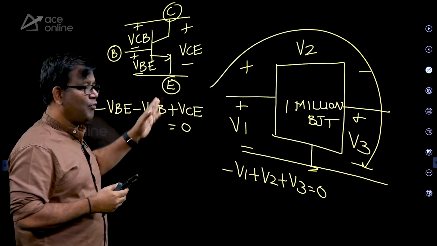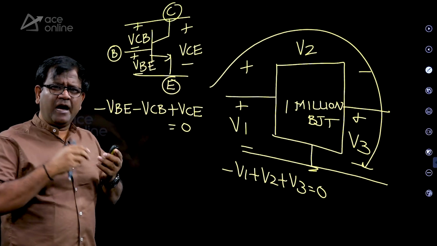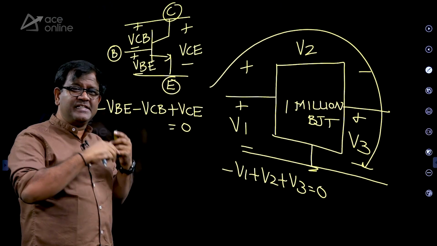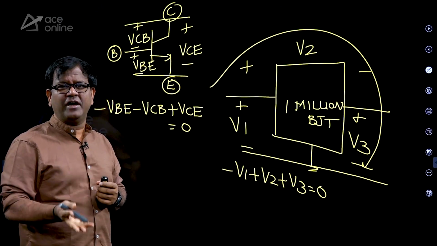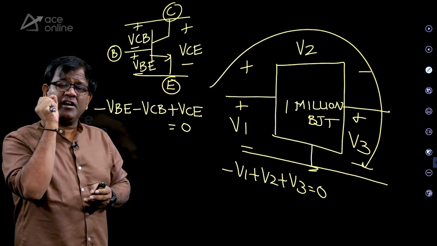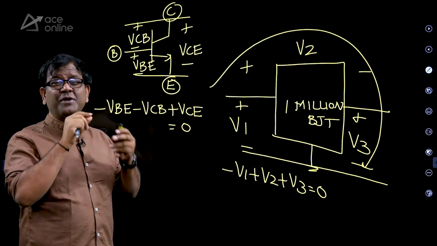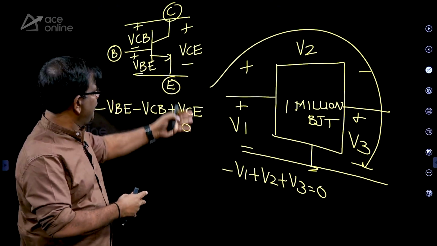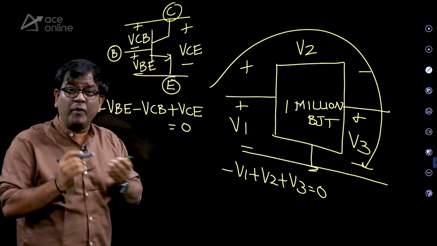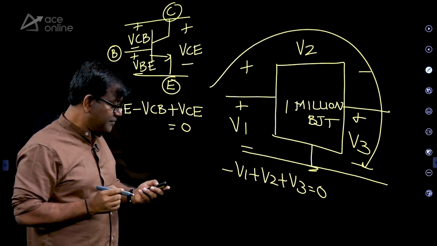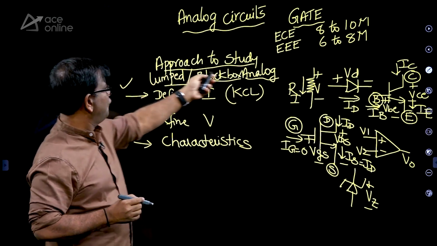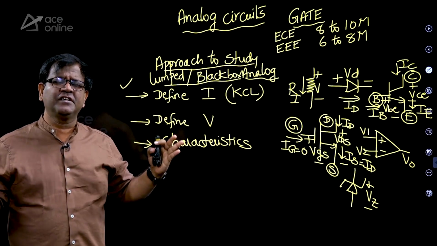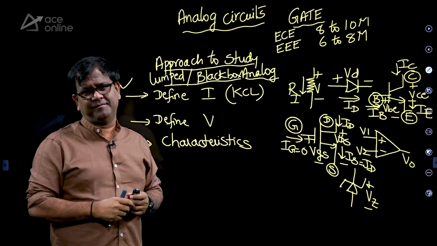So what I wanted to tell you is, the approach in analog is very, very simple, and analog doesn't care if you're strictly a good analog engineer. When you're solving problems, you will never care about the interaction inside or outside, but while solving a gate problem, that is what I'm saying. What is the approach for somebody who wants to start the subject and finish it in a very, very small amount of time?